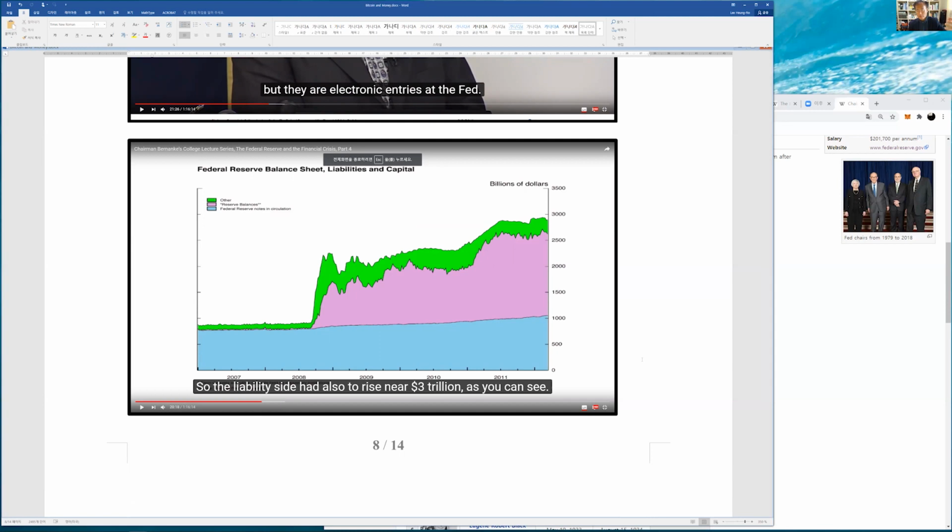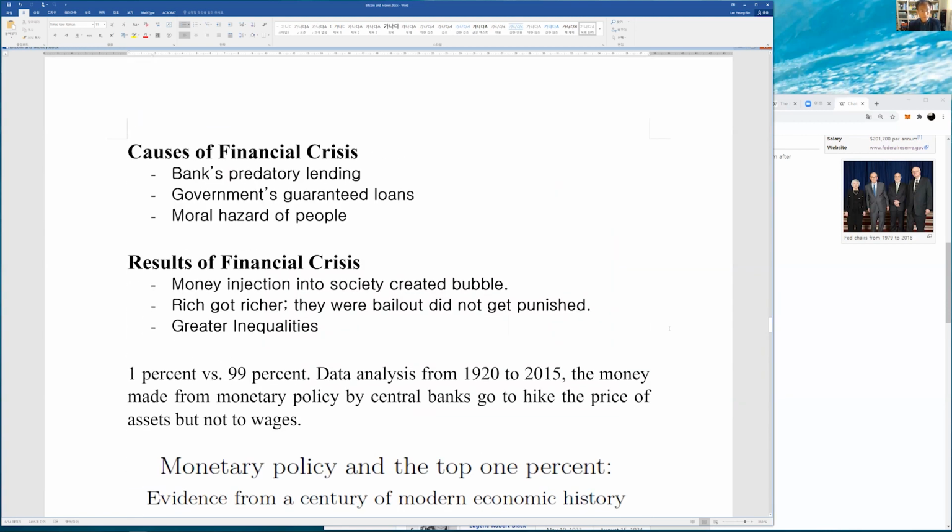Banks utilize this money so that they can lend to people and to other banks and institutions as well, so that using this new money, the financial panic can be relieved. So this has worked. Basically, the financial crisis stopped because of these activities of the Fed.